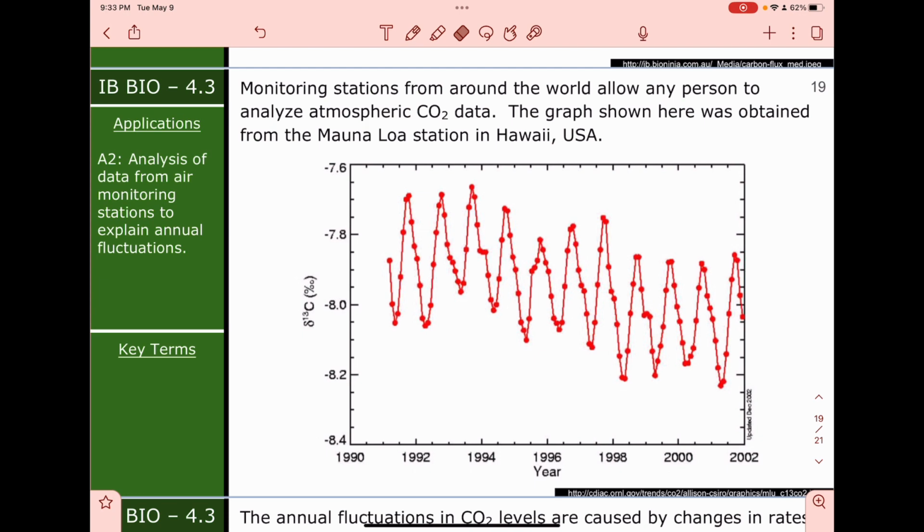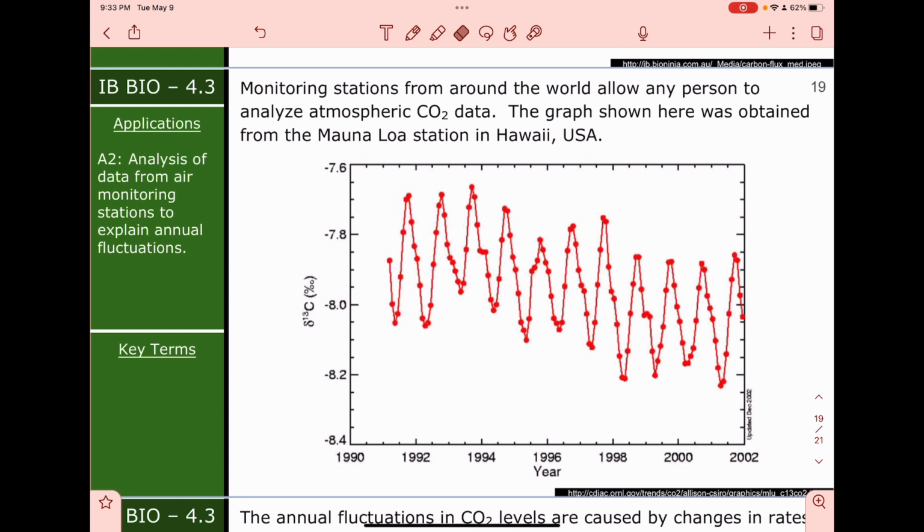It's briefly taking a hiatus because of the erupting volcano right now. But it's been monitoring the CO2 content in our air since 1956. So monitoring stations basically collect the amount of carbon dioxide. They measure a set volume over a set period of time, and so they can get these measurements.